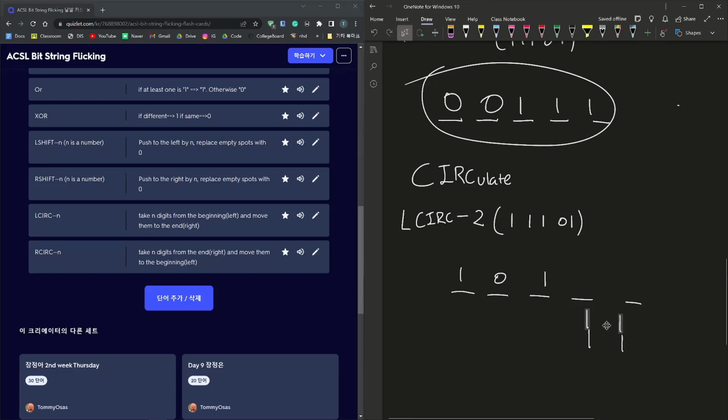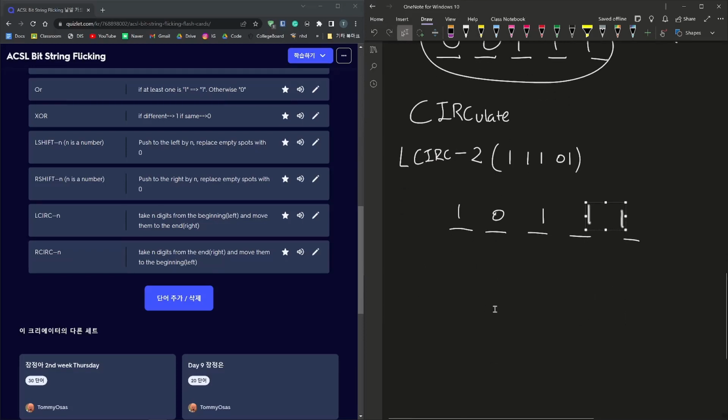In LCIRC, these two are replaced by the ones that are outside of their seats. And now you see why I said take n digits from the left and move them to the right, because 1 1 1 0 1, and if I take the 1 1 and move it to the right, that's the same thing. What I did was I took 2 digits from the left, CIRC left, and moved it to the right.